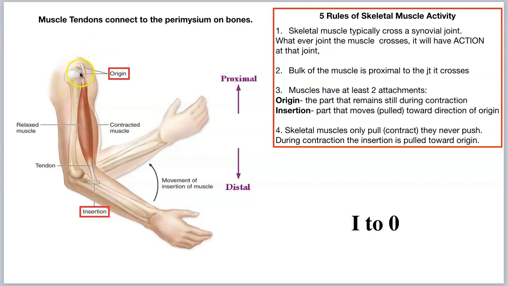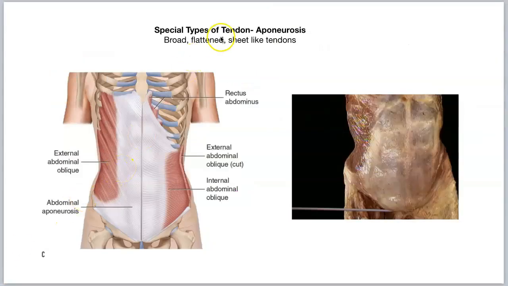So we said these were our regular old muscle tendons, dense regular connective tissue. There's going to be a special type of tendon called aponeurosis. These are broad, flattened, sheet-like tendons. They are still very strong.